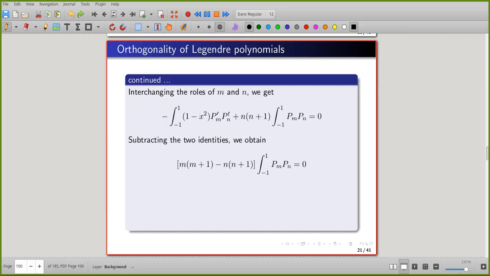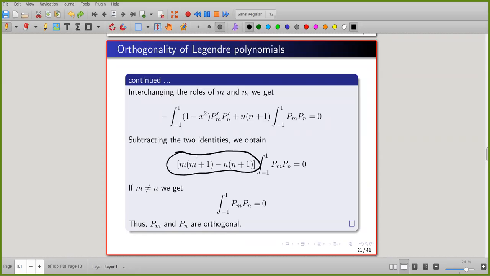But obviously, if m is not equal to n, then this quantity is never 0, because this is twice the sum of the first m integers, and this is twice the sum of the first n integers. So this will imply that the integral of pm times pn from minus 1 to 1 is 0. Thus pm and pn are orthogonal.